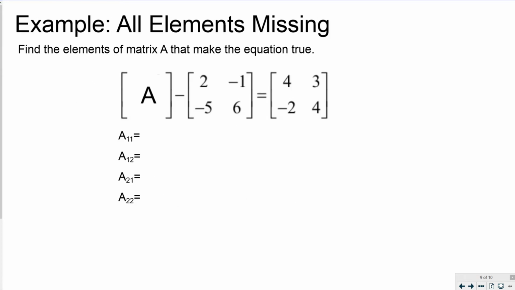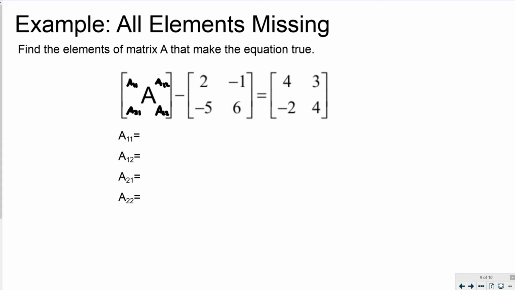So last but not least, what happens if all of the elements are missing? So in a situation where I have this blank matrix A, I have A11, A12, A21, and A22.